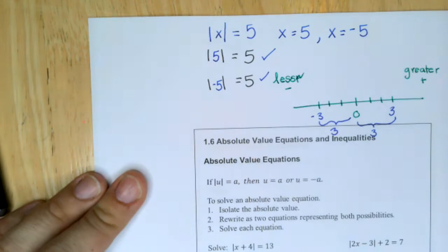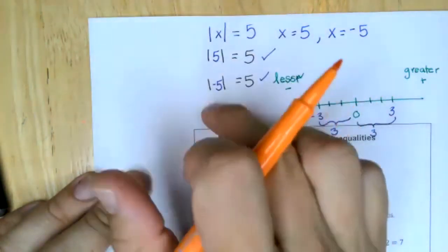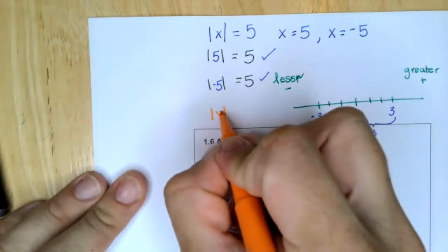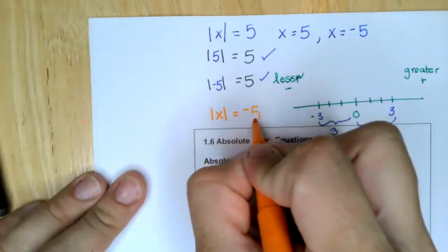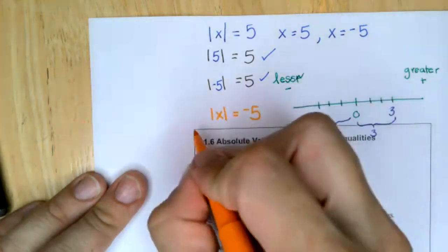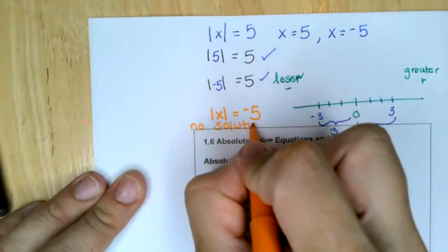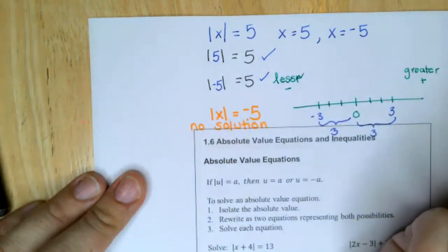But what can never be true, so this is the difference between the two possible answers and what can never be true with absolute value, is a negative number. This one is a no solution. This will never be true.